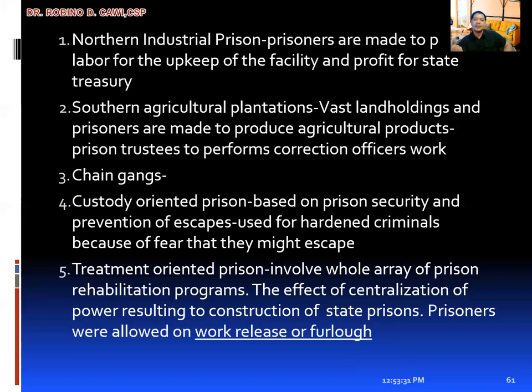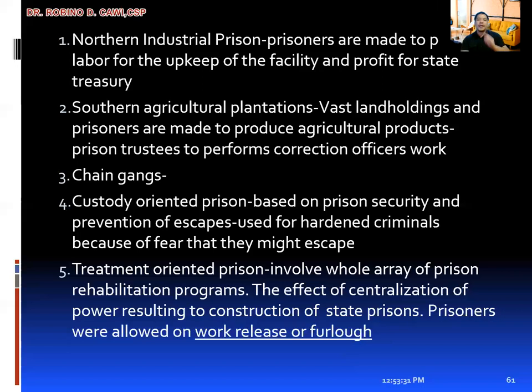Under the state account system, the contractors will provide the raw materials, the machineries, and the equipment, and the prison will provide the manpower or the labor. So in short, instead of leaving the premises of the prison, they will wait inside the prison, and the raw materials will be coming in, and expectedly at the end of a particular period of time, the businessman will take the product and pay the prison according to the number of products produced.